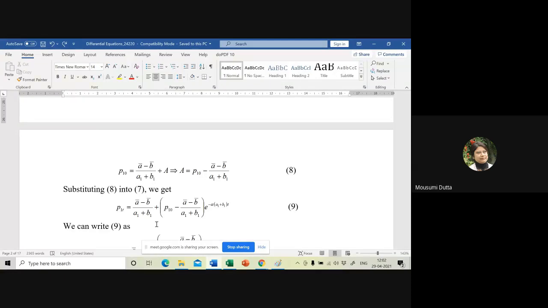Now to satisfy this condition, what we need is that as t tends to infinity, the second term in the right hand side should move towards 0, that we want. Are you getting my point now?